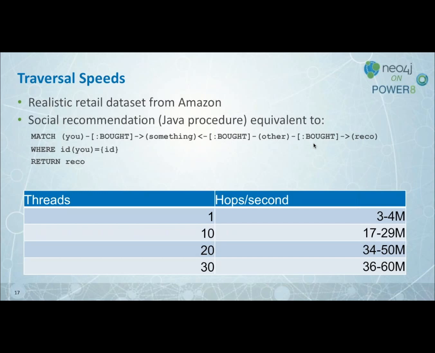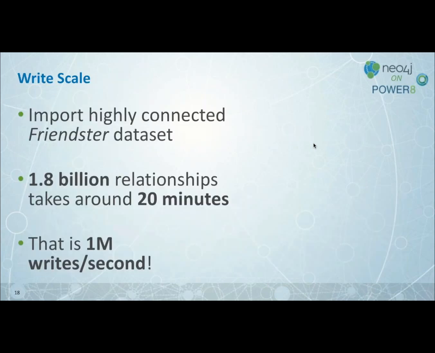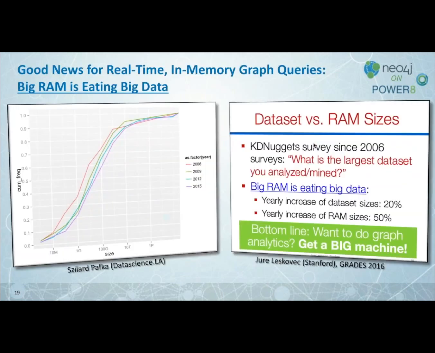You can end up with tens of millions of hops per second, creating this combined capability of ultra fast, ultra efficient, ultra sophisticated recommendations. If you look at loading data, there's a high performance loader that can load millions of records per second. So 1.8 billion relationships took around 20 minutes with another public data set.